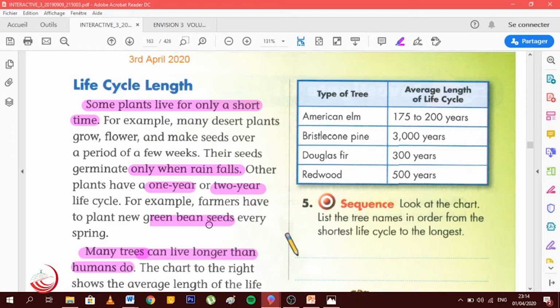As you can see in the chart on the right, you have the type of trees, meaning the names of the trees, and then we have how many years the life cycle is. For example, the first one is American elm.